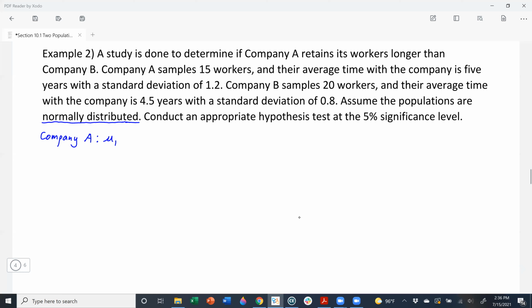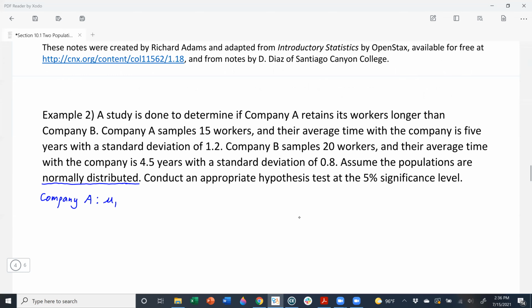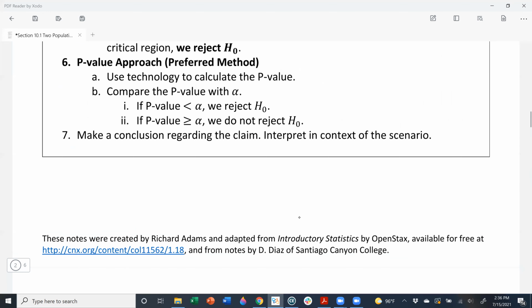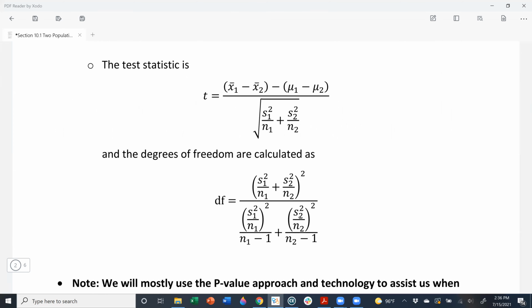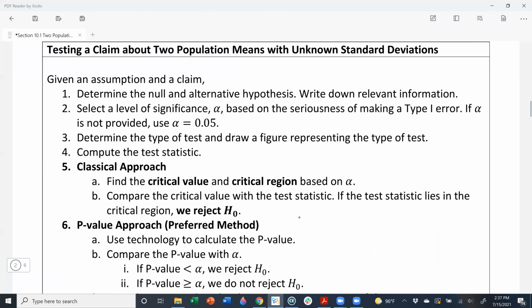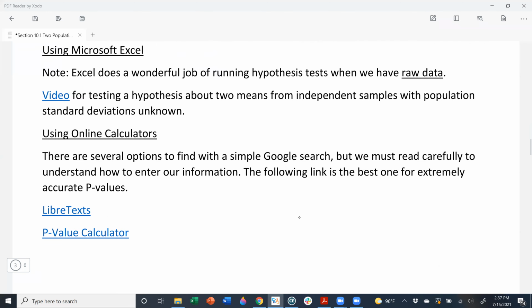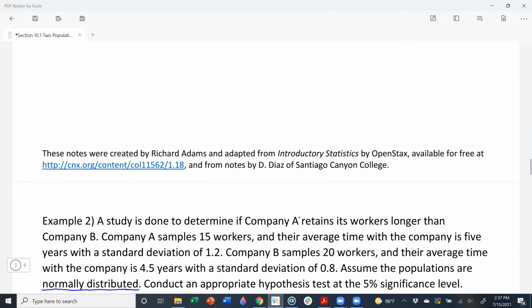Sometimes you might want a subscript A, but I'm going to use the subscript 1 to keep everything consistent with the way the test statistic is written, with subscript 1 and subscript 2 depending on which sample you're talking about. So I'm making company A sample number 1.